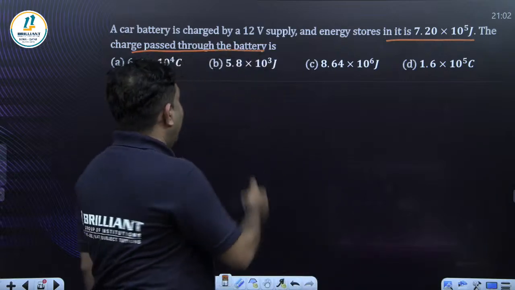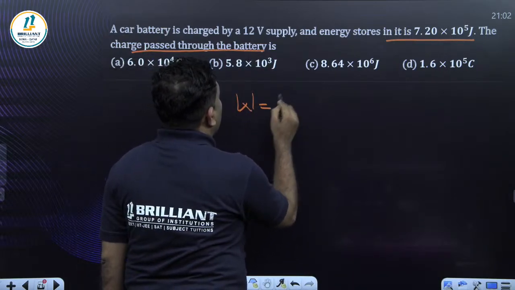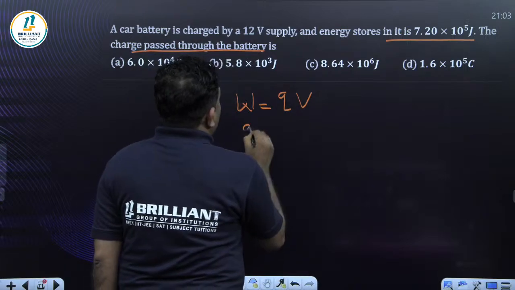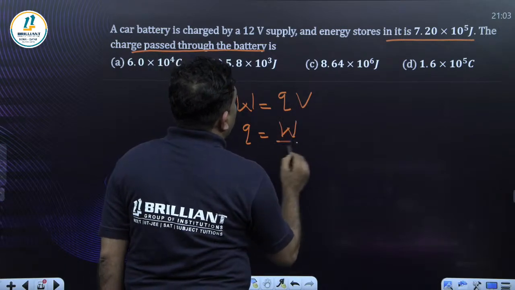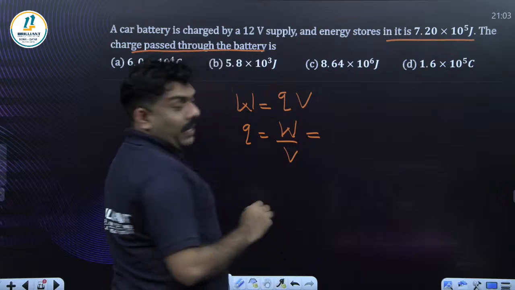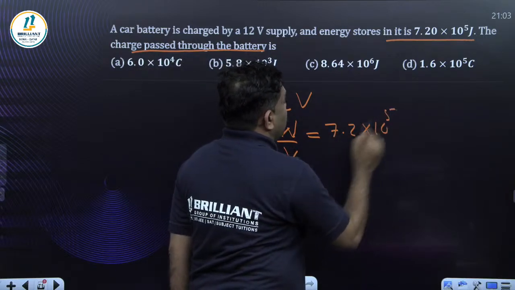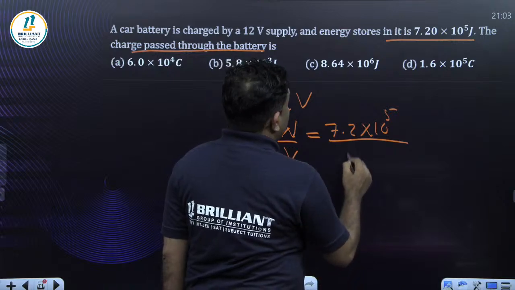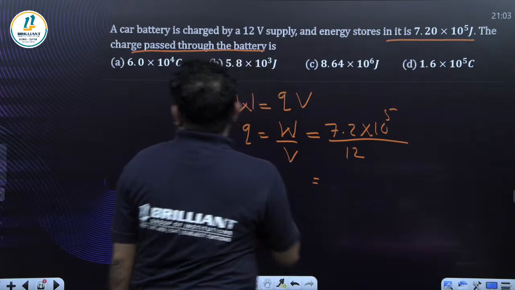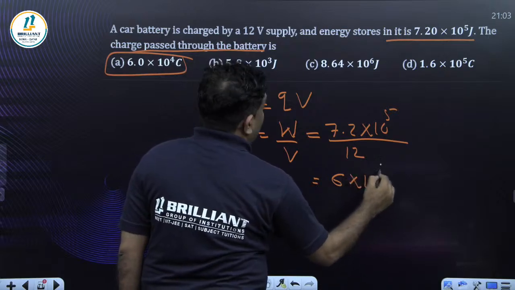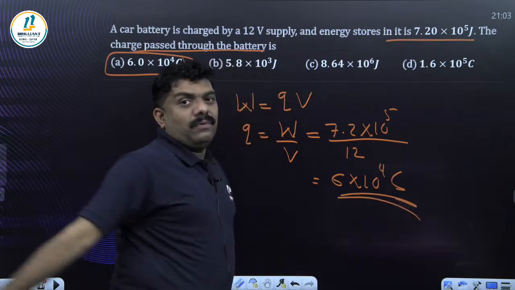We know the formula W is equal to QV, so Q is equal to W by V. W is 7.2 into 10 raised to 5, V is 12. So we get the answer 6 into 10 raised to 4 coulomb.